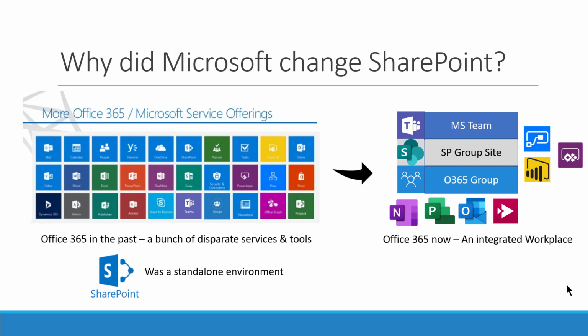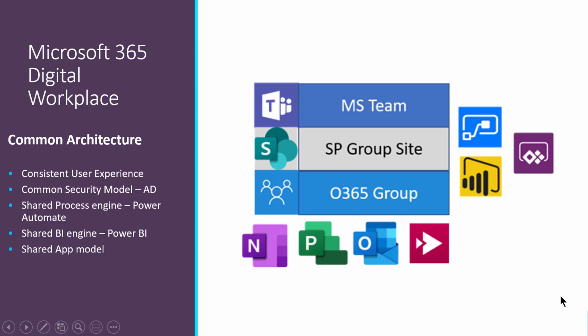So in the old version, SharePoint was a standalone kind of service and app in the environment, and now it's an overall part of a digital workplace, which is all brought together with Office 365 and what they're calling Microsoft 365. So if we take a look at this, what is Microsoft doing?